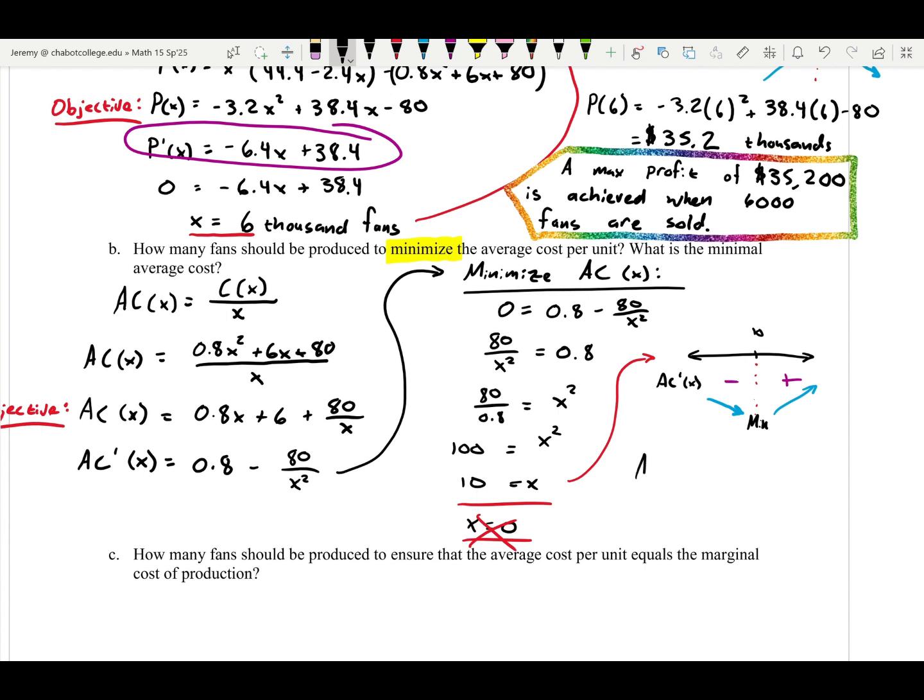So I'll say average cost is minimized when 10,000 units are produced.